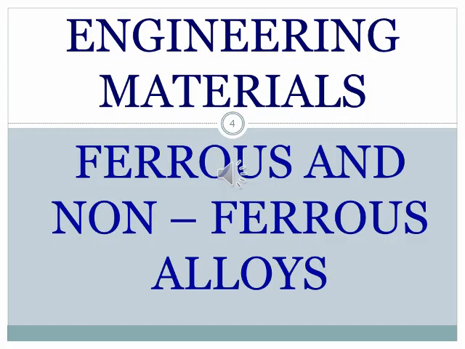So we can broadly classify engineering materials as ferrous materials and non-ferrous materials, or ferrous alloys and non-ferrous alloys. All the materials pertaining to base material steel or iron are referred to as ferrous materials.